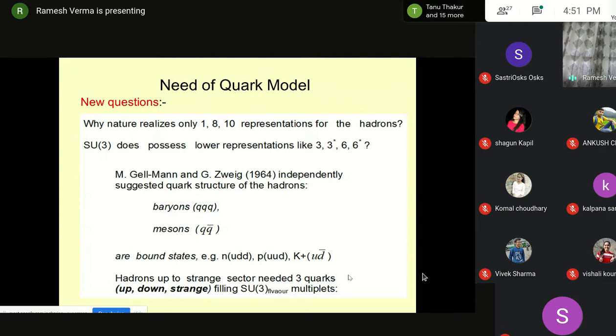Up and down were taken quite in analogy with isospin or spin up and down, so that is not much surprising. About strange, I have already given you in one of the early talks, that there are strange particles which were named strange because they revealed a strange behavior: they were produced in strong interactions, but they decayed through the weak decays.